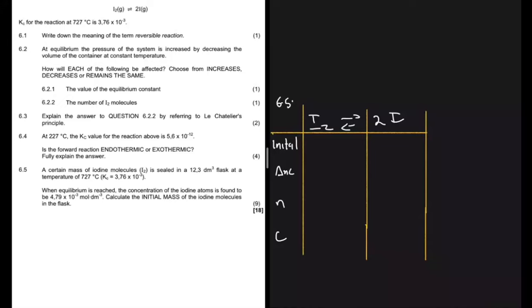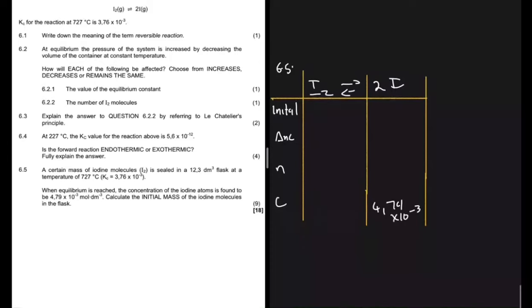It says that for the concentration of the iodine atoms at equilibrium, we have 4.79 times 10 to the minus 3. So if we have this concentration here, we can then calculate this number of moles here, and then consequently get the change in the number of moles, because initially we had 0 here, right?